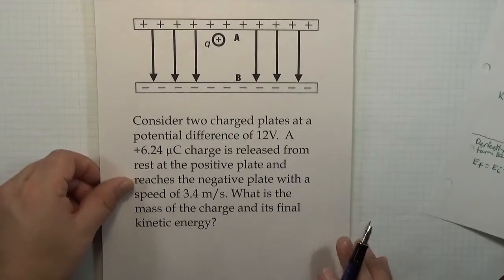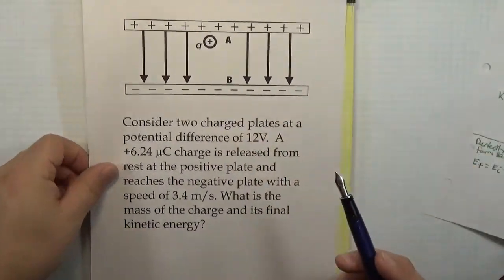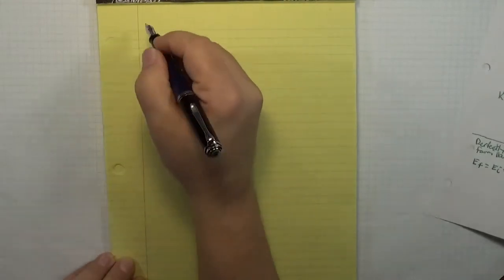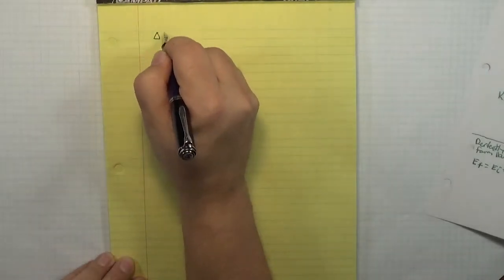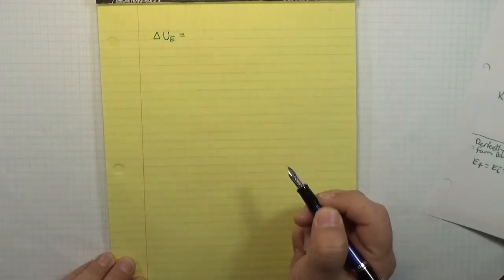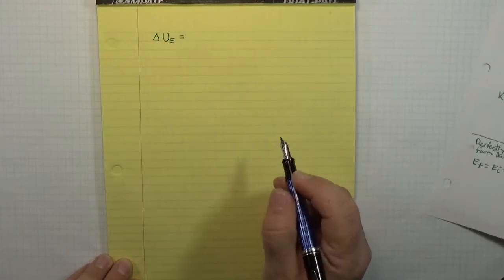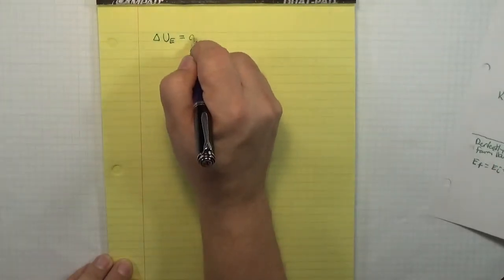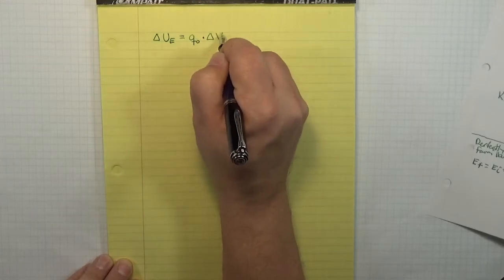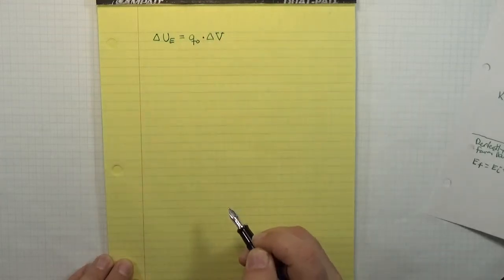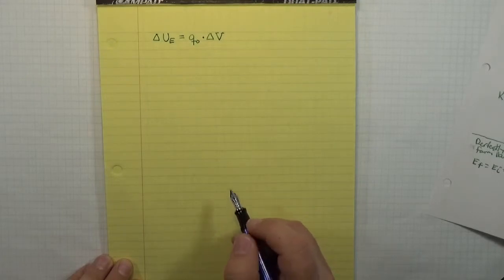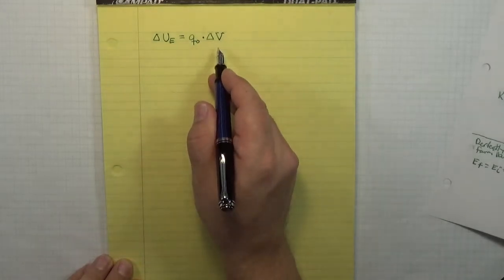Okay, and I know that for a particle that travels through a potential difference, I can relate the change in potential energy to the potential difference that that particle experiences as it travels by simply multiplying the size of the charge, whatever it is, times the potential difference that the charge experiences going from one plate to the other. Okay, so in this case, I'm told the charge and I'm told the potential difference.